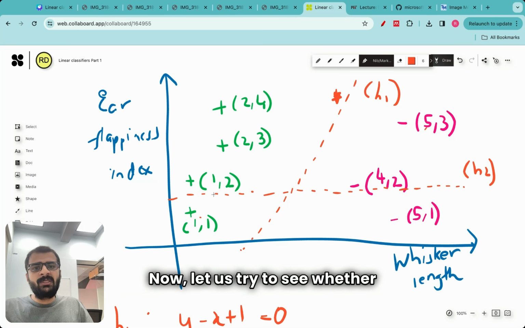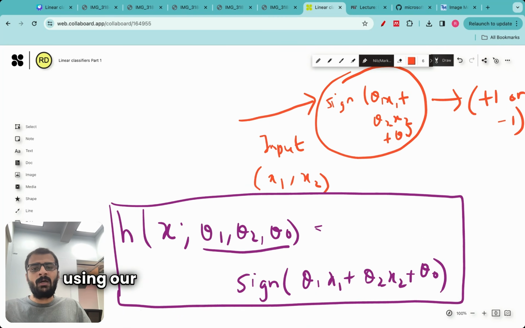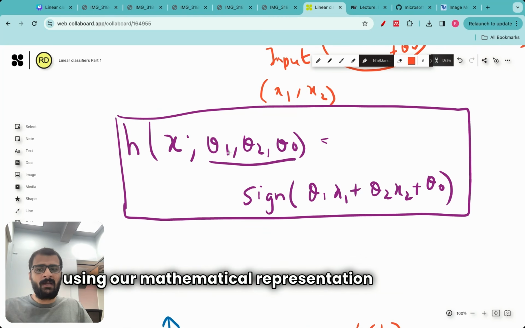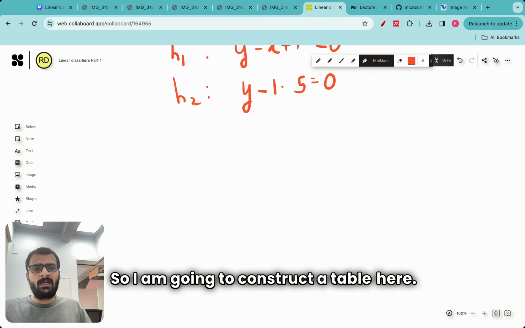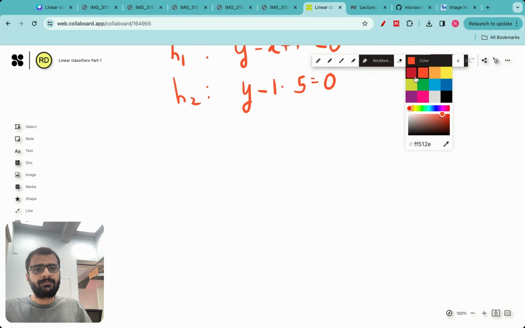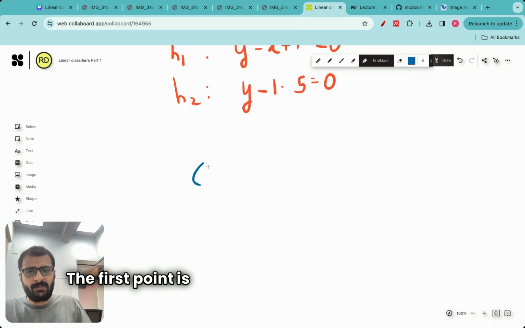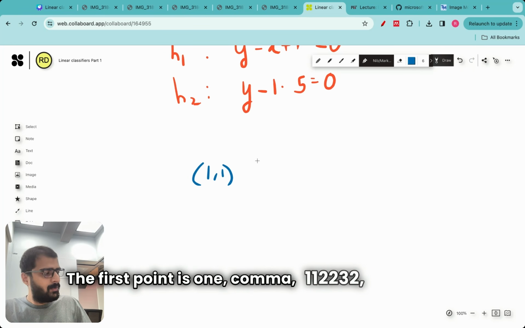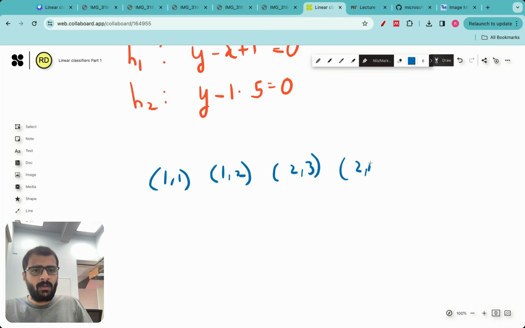Now let us try to see whether we can come to this conclusion mathematically using our mathematical representation of h, right? So I am going to construct a table here. Let me write the 7 points. The first point is 1 comma 1, 1 comma 2, 2 comma 3, 2 comma 4.